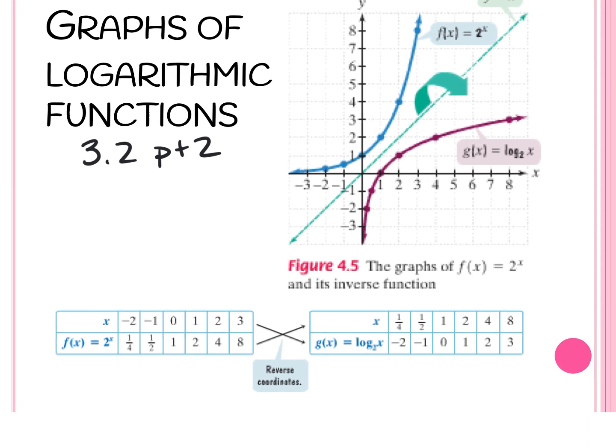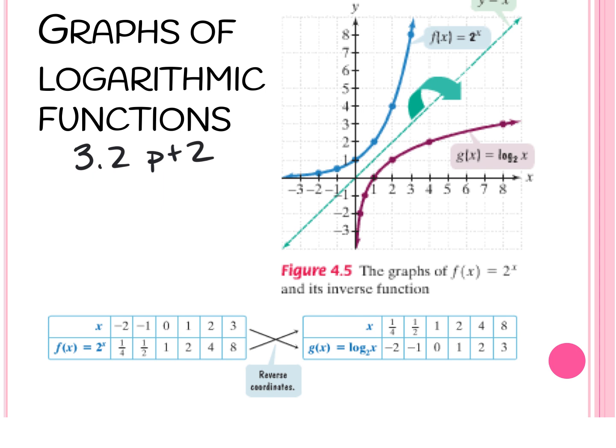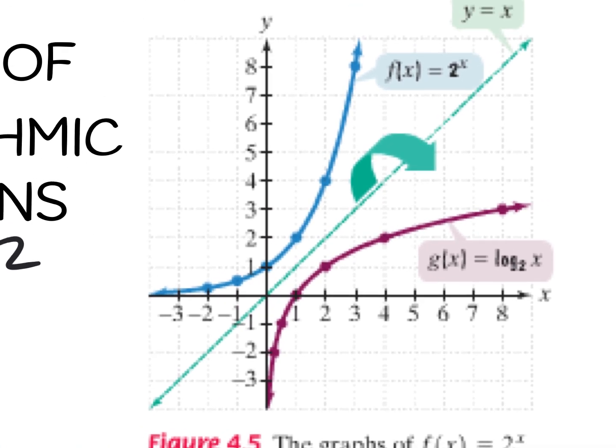So if something was an x value in my exponential graph, it would now be a y value in my log graph. Or if it's a y value in the exponential graph, it changes to be an x value in the log graph. So if I had a point on my exponential graph for the graph of 2 to the power of x, let's take this point, for example.